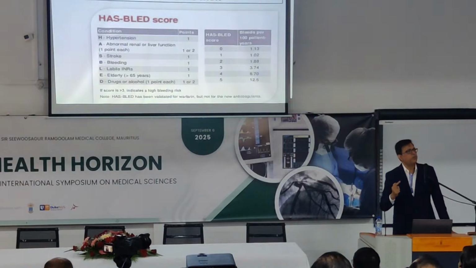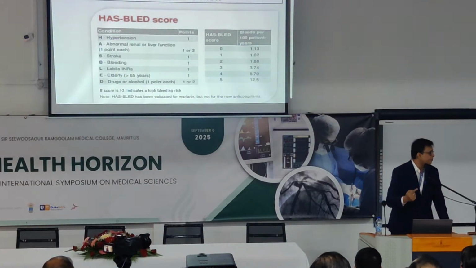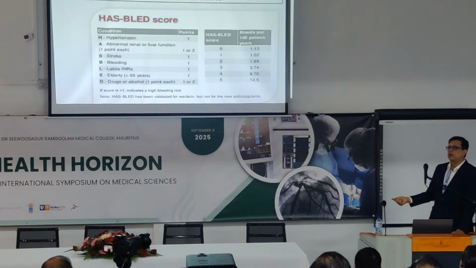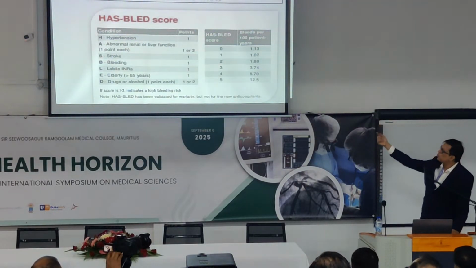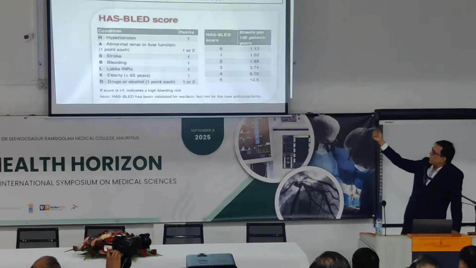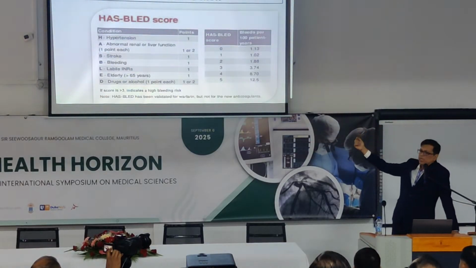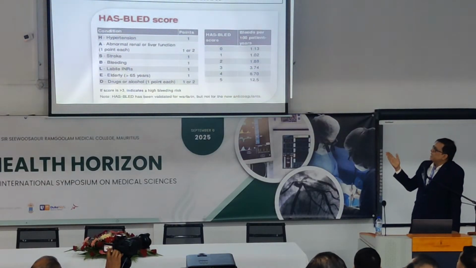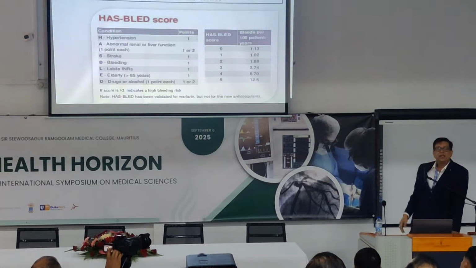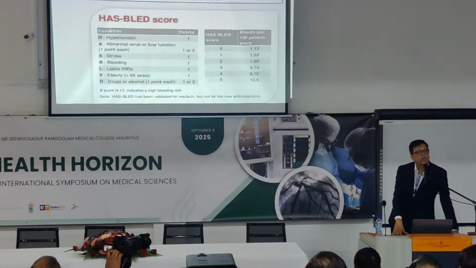It was used previously when the patient was on warfarin. We are not using the oral anticoagulant therapy, so this is also an application of that. H stands for hypertension, A for abnormal liver function, S for stroke, B for bleeding, L for labile INR, E for elderly more than 65 years, and next is drug or alcohol.